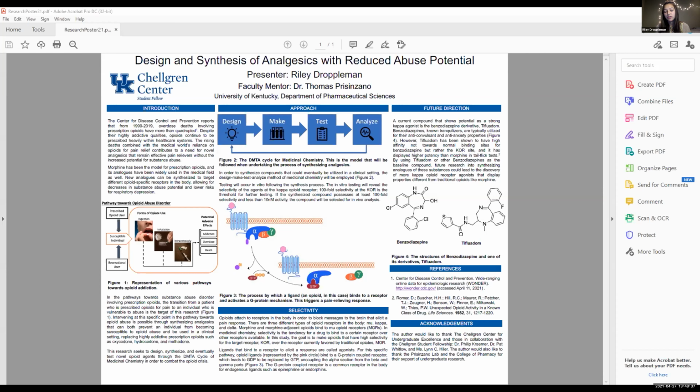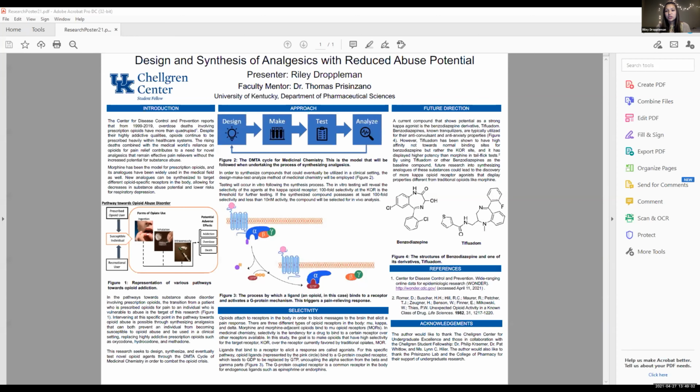So a feeling of dread, which is why we are trying to put more research and more time into figuring out how the kappa opioid receptor works and the side effects that come with it. And we're trying to find ways to lessen these side effects, to give an opioid alternative so that we can combat the opioid crisis in America.